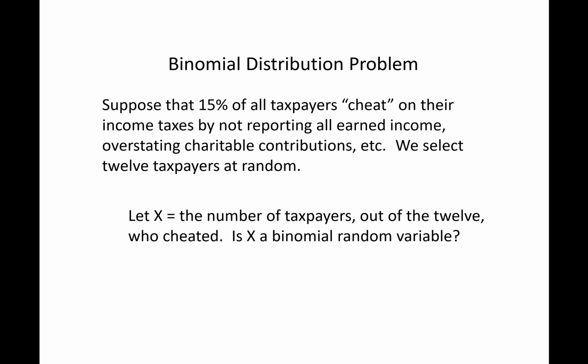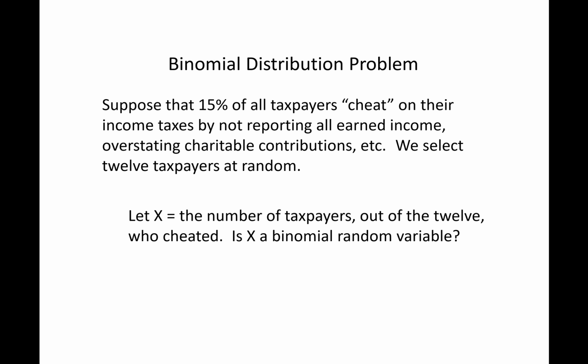Either they cheated or they didn't cheat. Next, the probability of success on any of these trials has to be the same, and what we mean by success in this case is finding somebody who cheated, and we're told that 15% of the taxpayers cheat, so that's going to be the same for each of the trials, so that's satisfied.